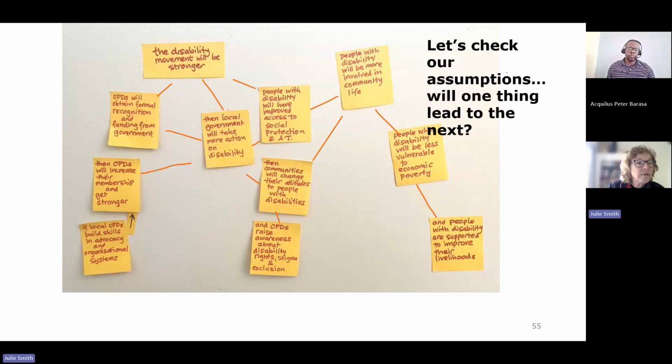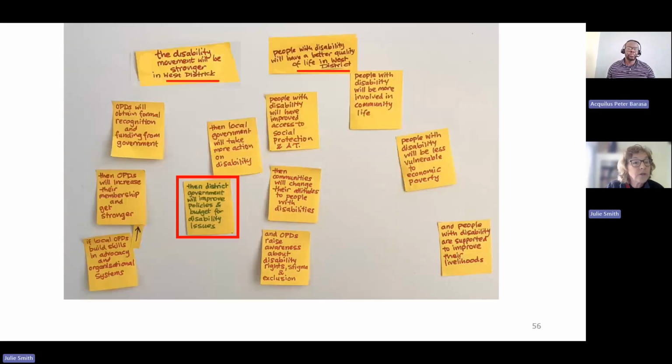So here, one of the things that we discussed was that local government is going to take action on disability. And then it comes up in discussion, well, I don't think local government is going to take action on disability if the district government isn't involved. So we change our theory of change a little bit and we add in the district government to make sure that they're included as well. And also here, we've changed these higher level things.